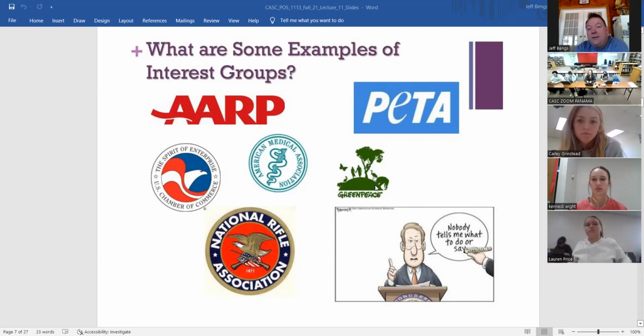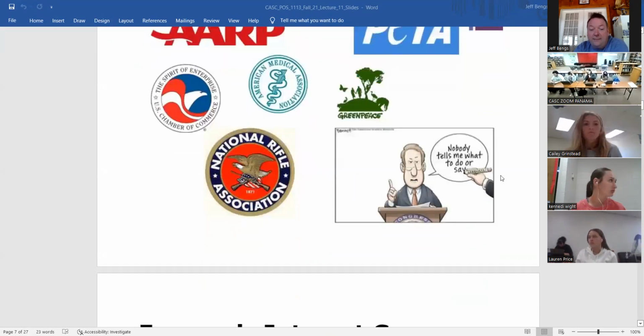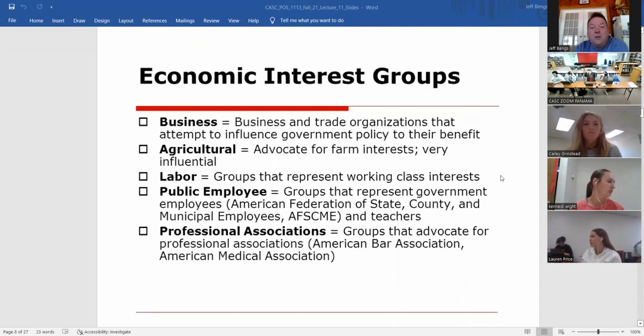Greenpeace would be a kind of single issue group that's focused on taking care of the earth, the green movement. So interest groups can be broken up into several types. And if you haven't done your Chapter 11 worksheet, there is a question on, I think, the 7 different types of interest groups.